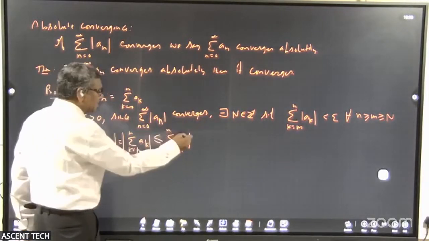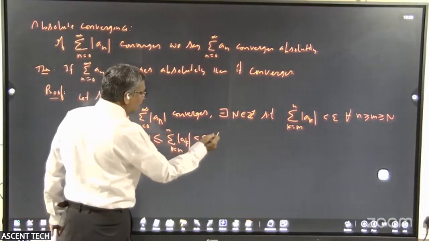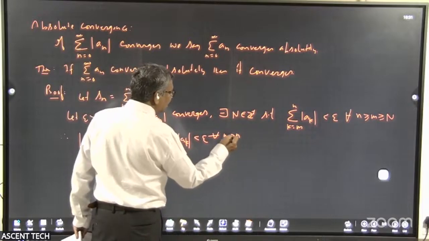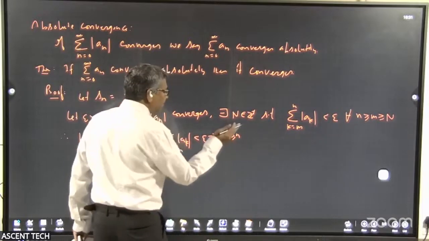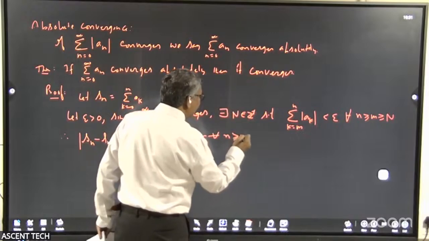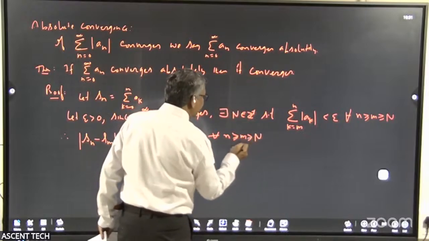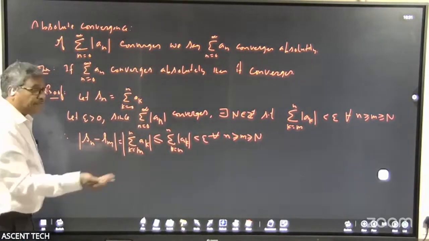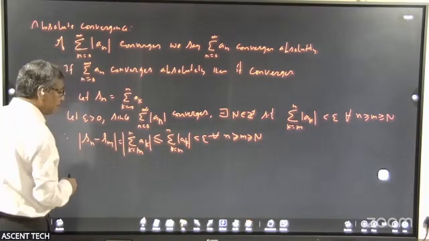But this is less than epsilon for n greater than or equal to m greater than capital N. Which means you are done, and therefore it has convergence.